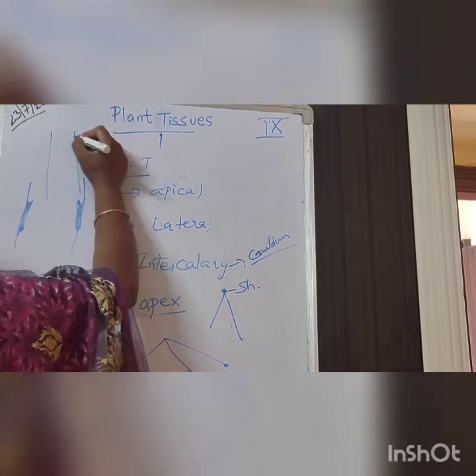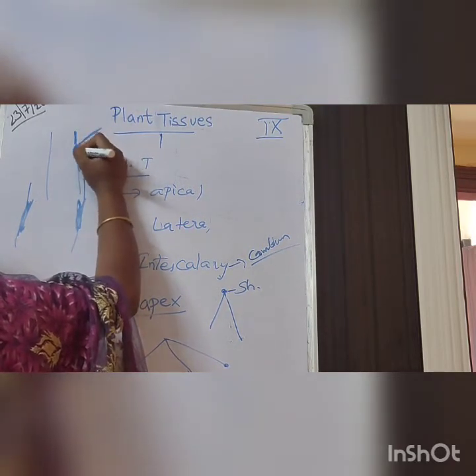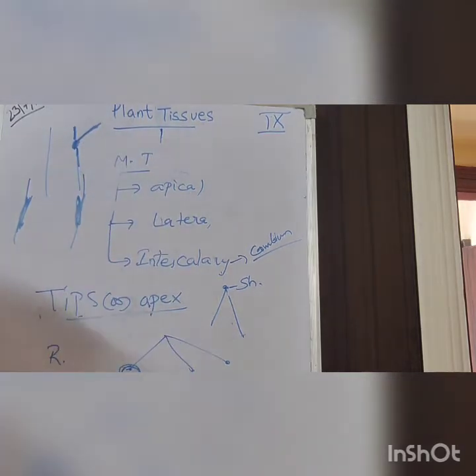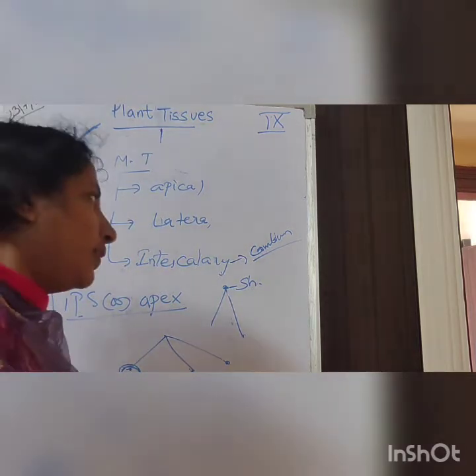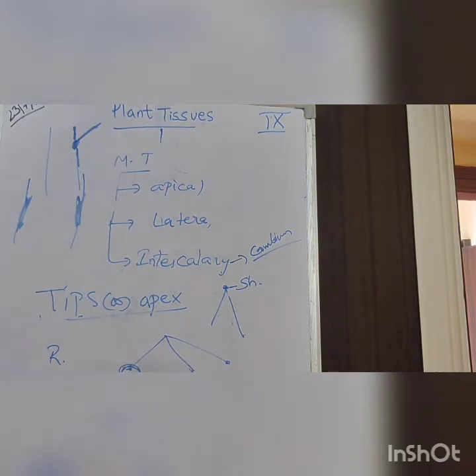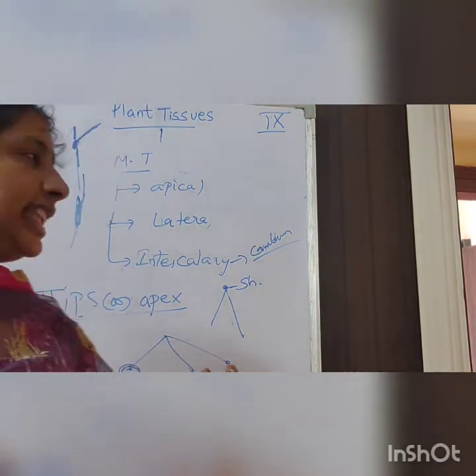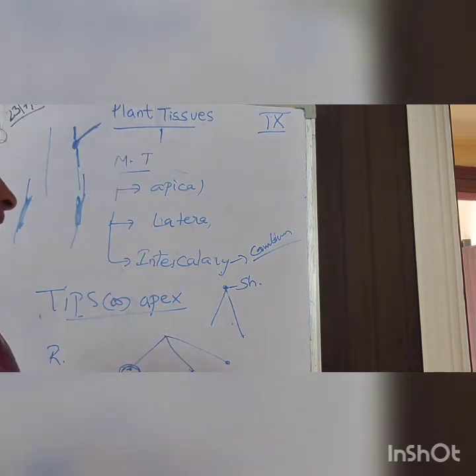Here you will have other tissues, and in between this tissue you have an intercalary tissue. So intercalary tissue helps in development of new branches. So meristematic tissue is of three types: apical, lateral, intercalary.